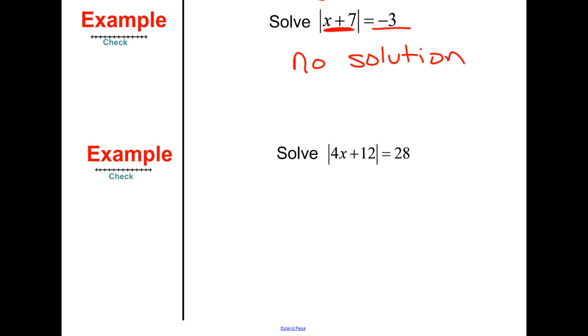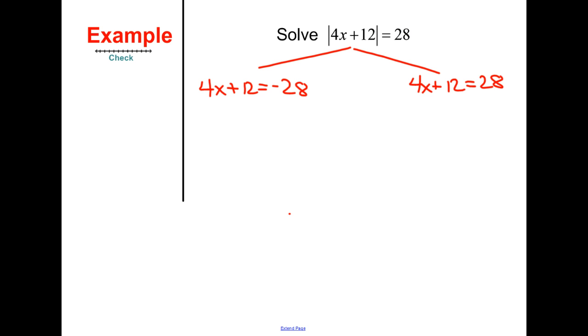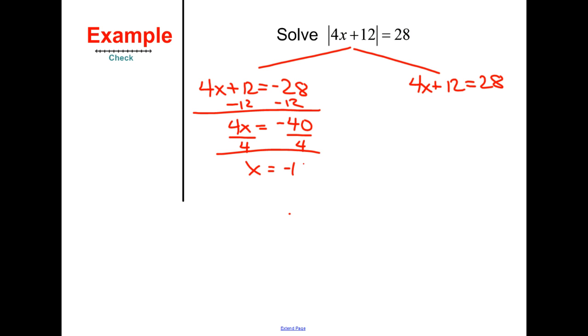All right, let's try this problem. Again, we're going to have 2 solutions where 4x plus 12 equals -28, and 4x plus 12 equals +28. Subtract 12 from both sides, so 4x equals -40, divide by 4, x equals -10.